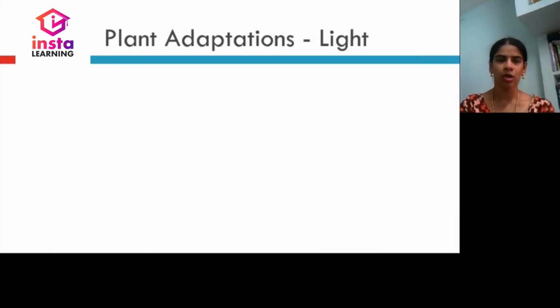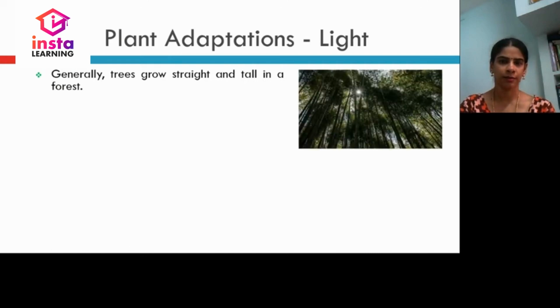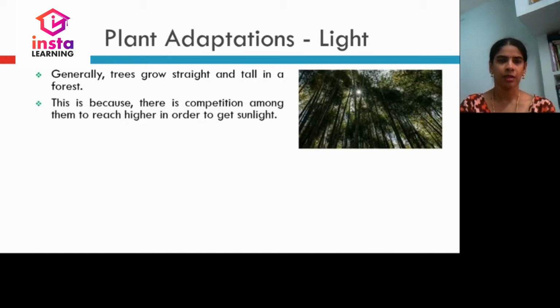Let us see what are the adaptations of plants for light. Generally, trees grow straight and tall in a forest. This is because there is a competition among them to reach higher in order to get sunlight.